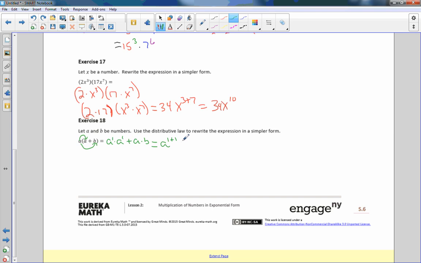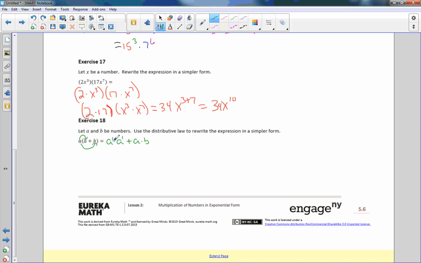And then I'm going to add a to the 1 times b to the 1, and they are not like terms, so I cannot do any more with this portion. Let me stop here because I'm working horizontally and I really don't like that. So let me go back.